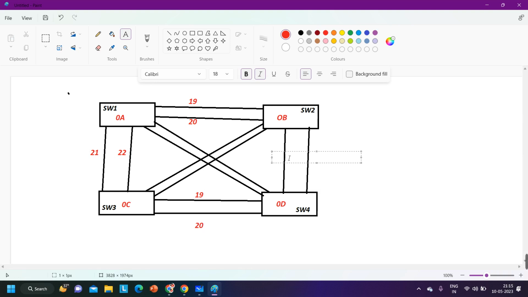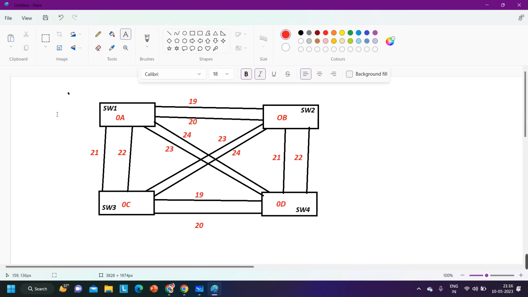This is, let's say, 21 and 22. Done. This is, let's say, 23, and this one is 24. This one is also 23. This one is also 24.